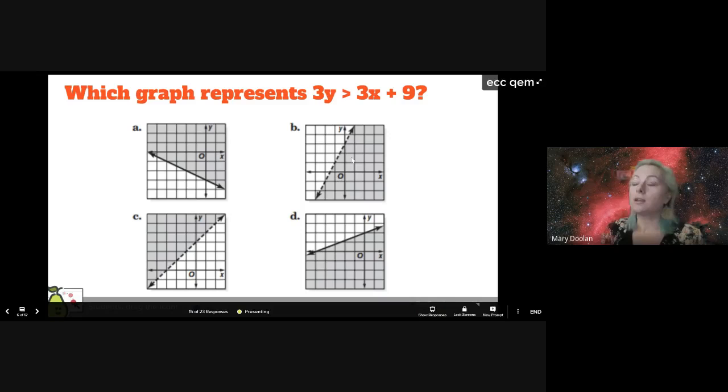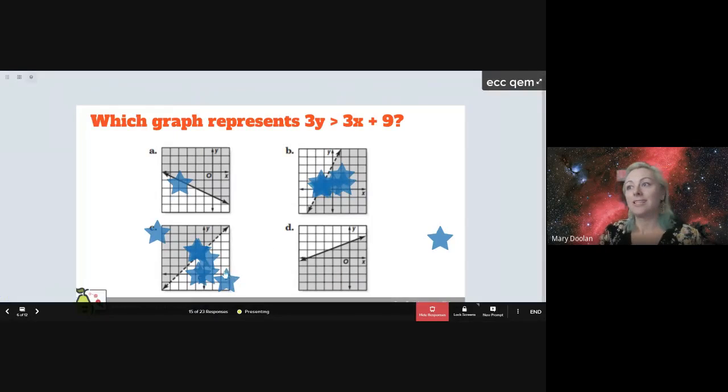The slopes are slightly different. I could count the slopes to see which one is 1. Or y is greater than x plus 3, so that means I have to shade above. Which of these is shaded above? C. Everyone should be on C. The correct answer is C. Move your star to C.